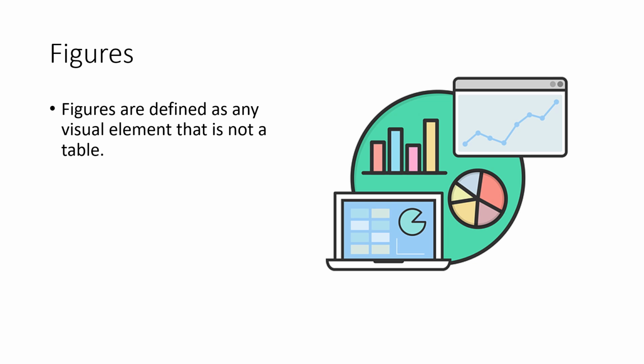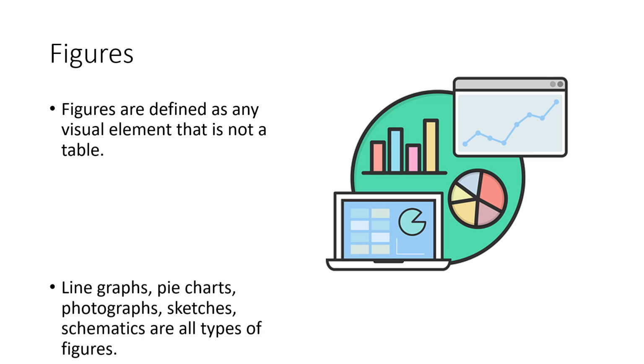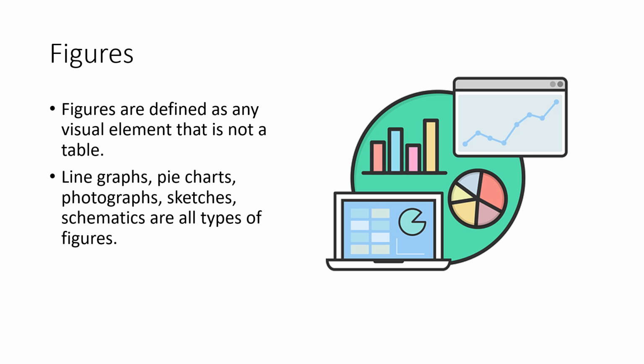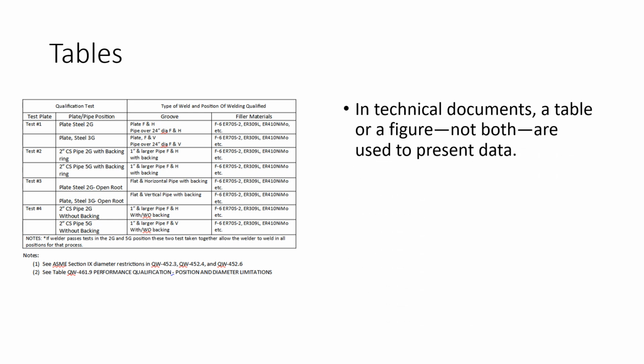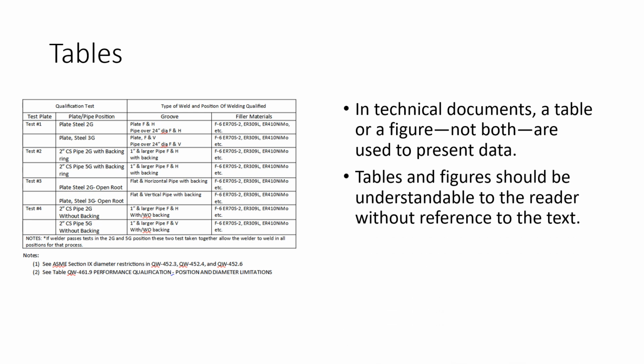As long as it's not a numerical table, it can be a figure. Line graphs, pie charts, photographs, sketches, schematics, these are all considered figures and are all useful in explaining something. So when we talk about a table, in technical documents, a table or a figure, not both, are used to present data. So if we're going to put in a table, we don't put in a figure. Or if we put in a figure, we don't put in a table. The table we might attach as another form of data in the appendix.